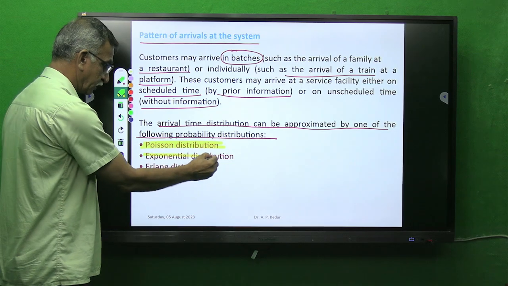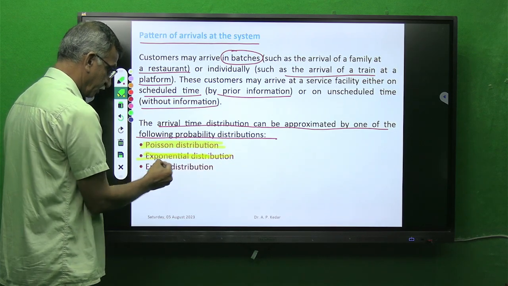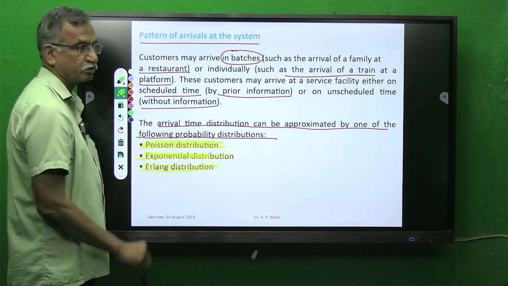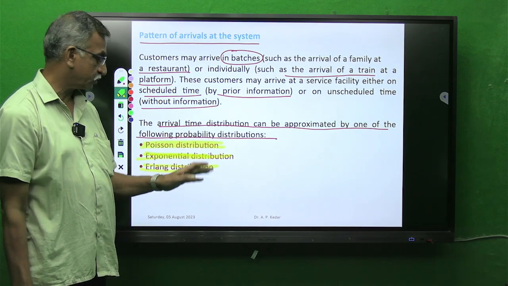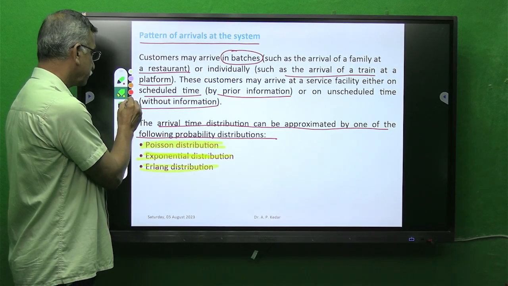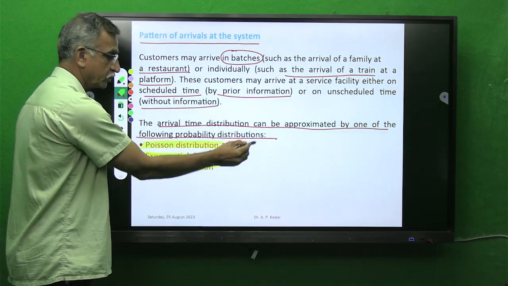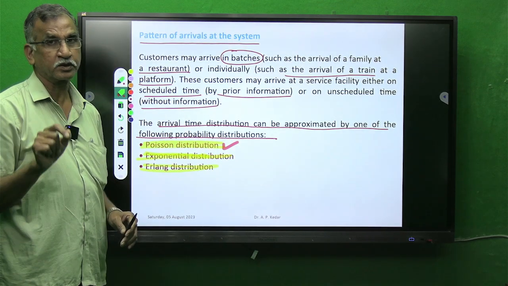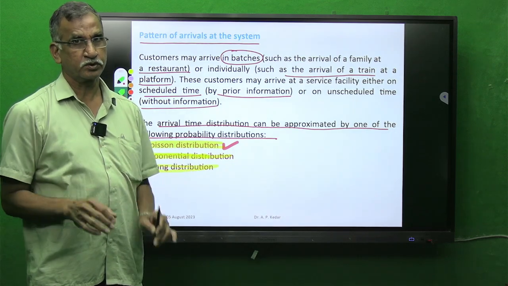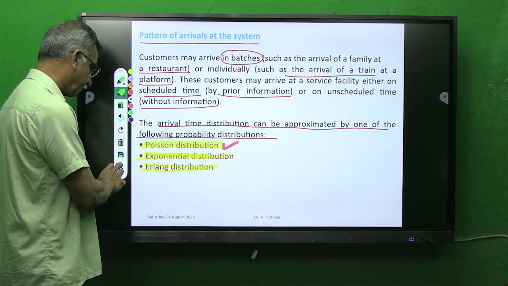First is Poisson, second is exponential distribution, and third is Erlang distribution. Basically the model which is in our syllabus takes care of the first, that is Poisson distribution. So in our model, arrival of the customer will be as per Poisson pattern.